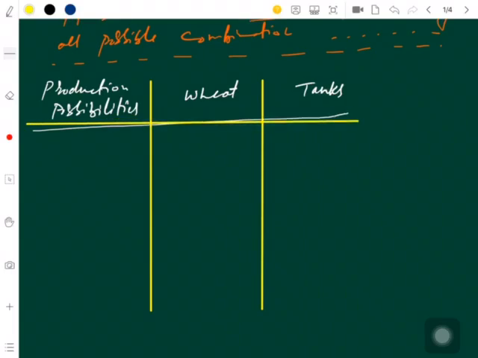So let us name the possibilities first. Say we have a possibility A, which says if we employ all our given resources on the production of tanks, we will be able to produce, let us say, 15 thousand tanks.